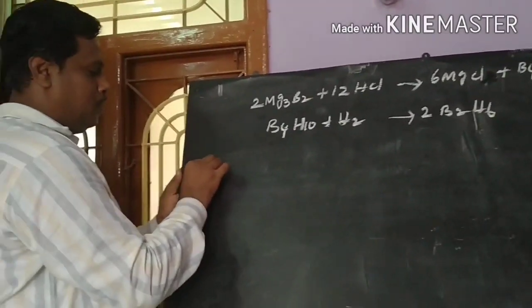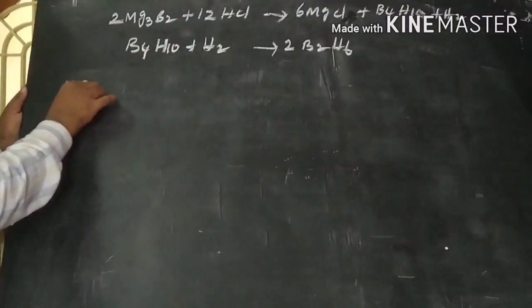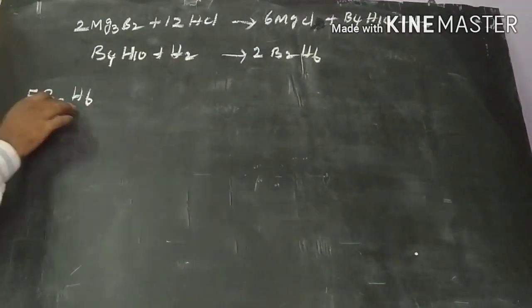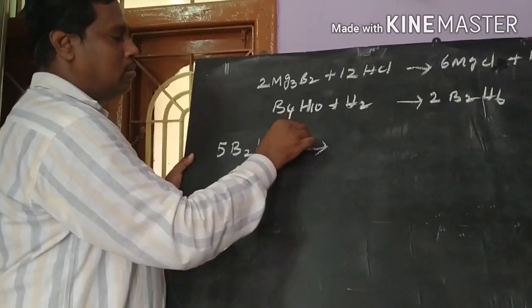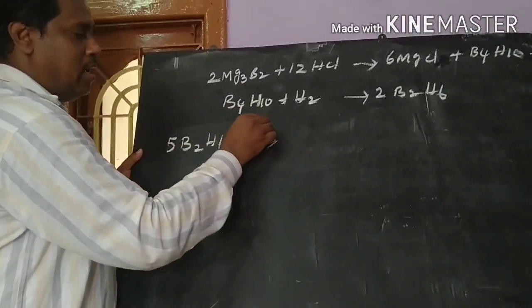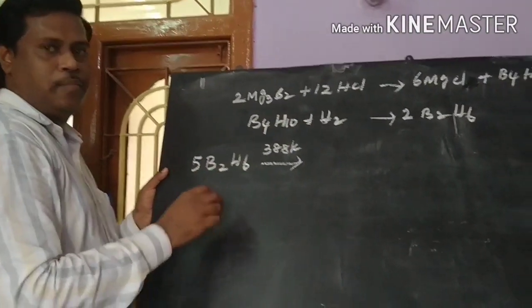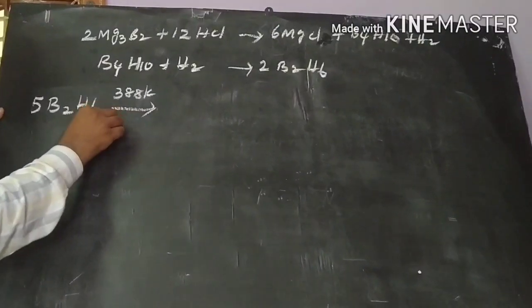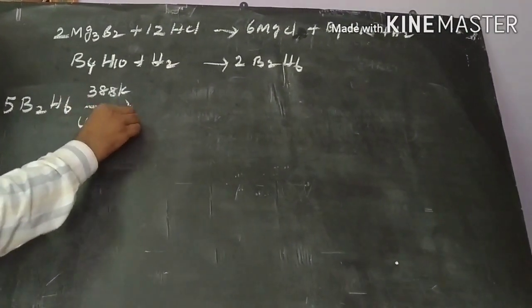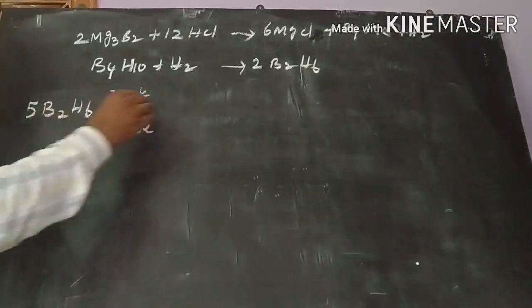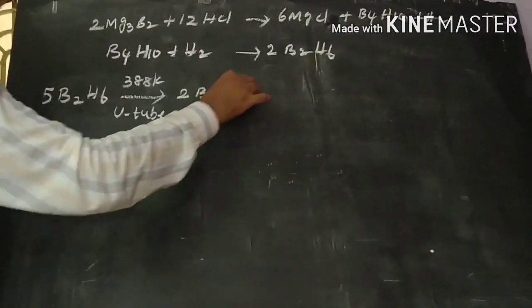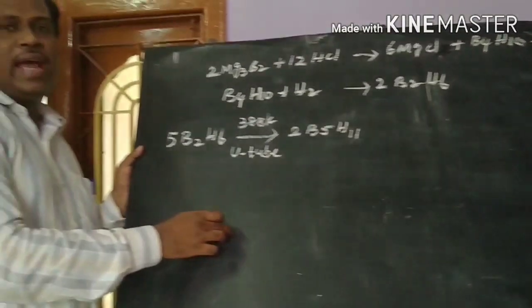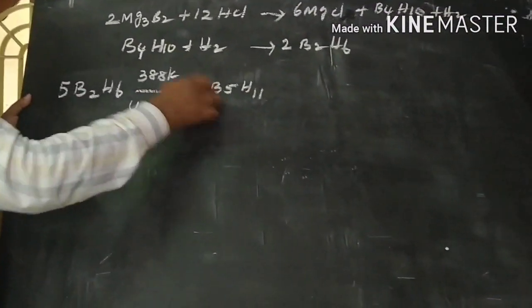For example, 5 moles of B2H6, that is diborane, at 388 Kelvin in a U-tube give B5H11, that is pentaborane.